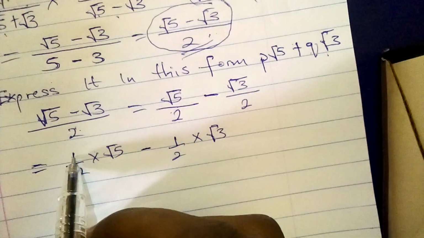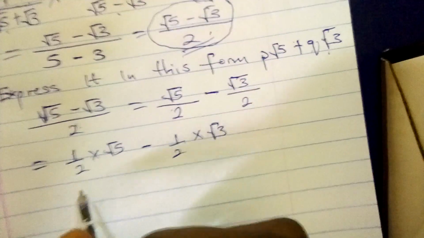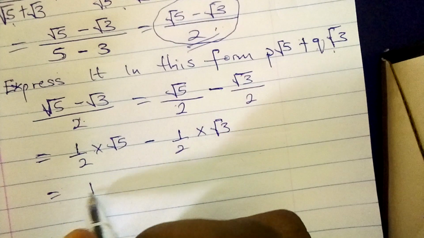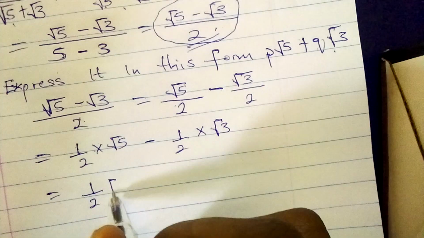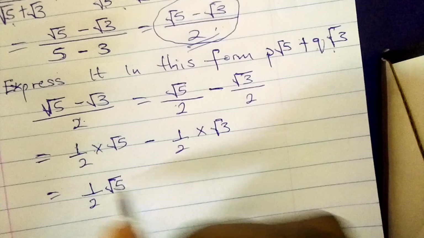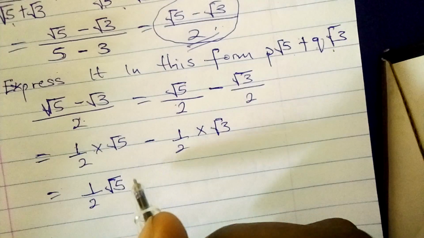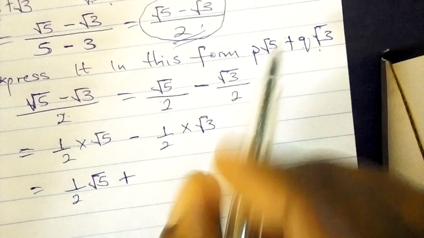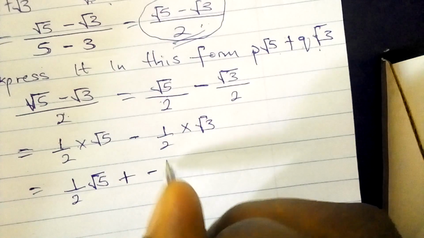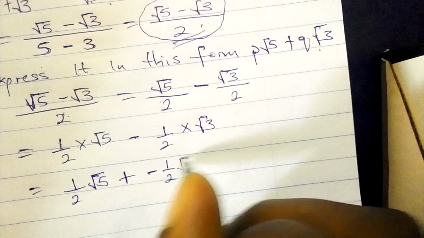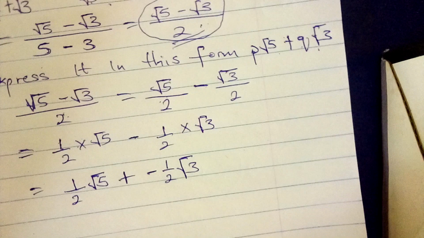So now we have half root 5, I said root 2 but it is half root 5. We add that plus in between so that we can compare it. Remember that this one has minus 1/2 root 3. Now it's similar.